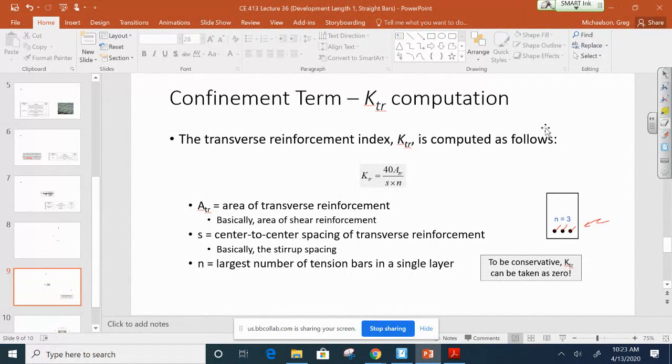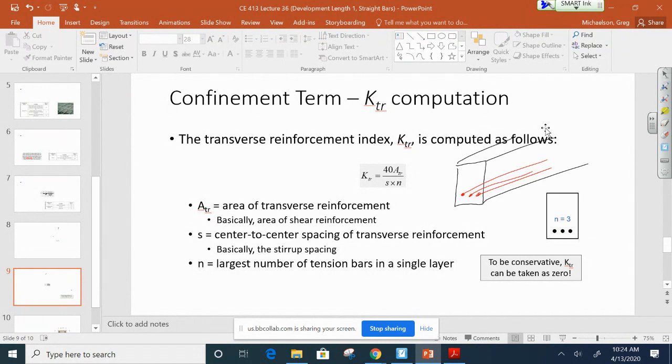Basically, the idea behind a transverse reinforcement index is that you've got a beam going off in space like this, and you've got a bar here, a bar here, and a bar here. Let's say you've got those 3 bars. Again, you're trying to figure out how far you need to embed those 3 bars into the adjacent concrete.